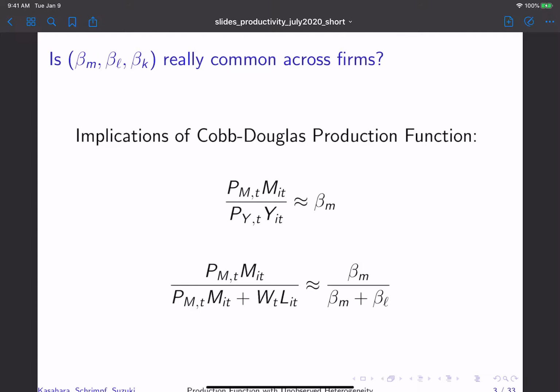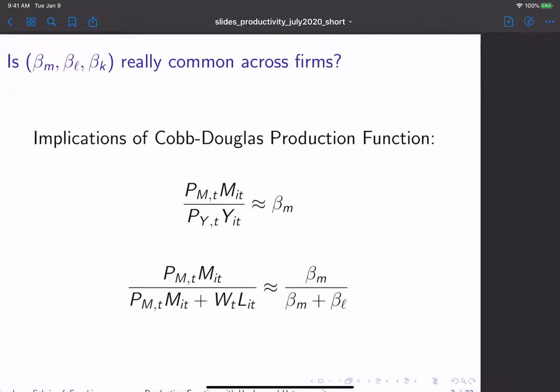So we can also look at, assuming that labor is flexible, at least in the long term, rather than looking at the material share, the cost share of the material, where the denominator includes the material cost and the labor cost. If there is no heterogeneity beyond Hicks-neutral productivity, the empirical counterparts of the material share and the cost share of the material should be very similar across firms. In fact, I'm going to take a long-term average within each firm.